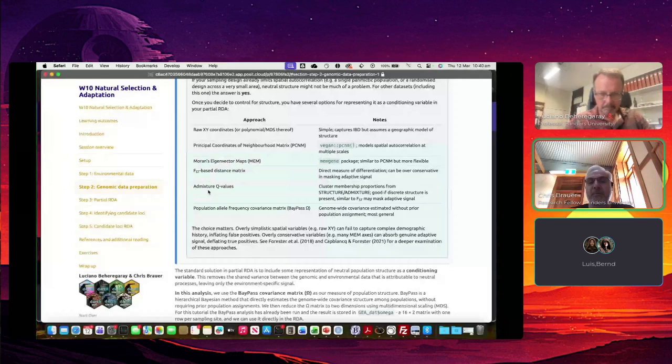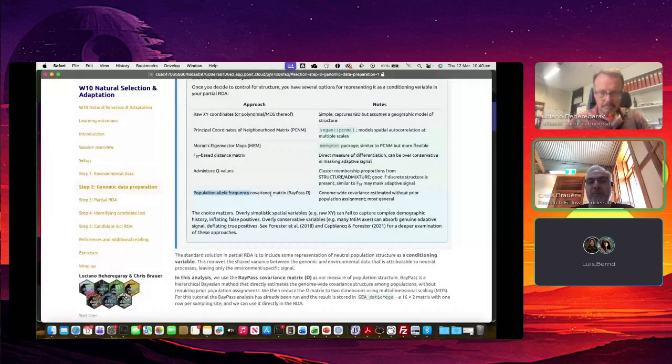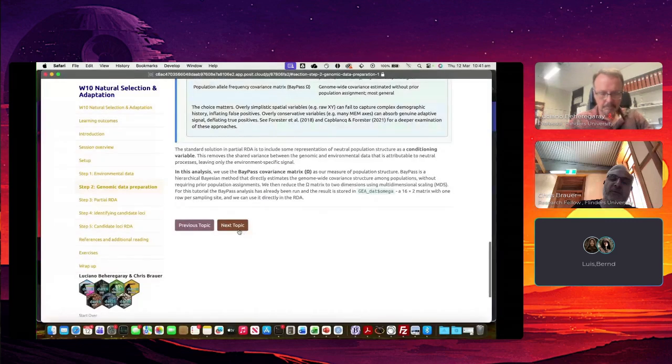Some of those are more conservative than others, and some run the risk of throwing away a lot of signal. When you're working at the population allele frequency level, I've found the allele frequency covariance matrix to be a pretty good approach that does a good job of capturing the broad spatial structure in your data without throwing away too much of the signal you're after. And that's the approach that we're using today.